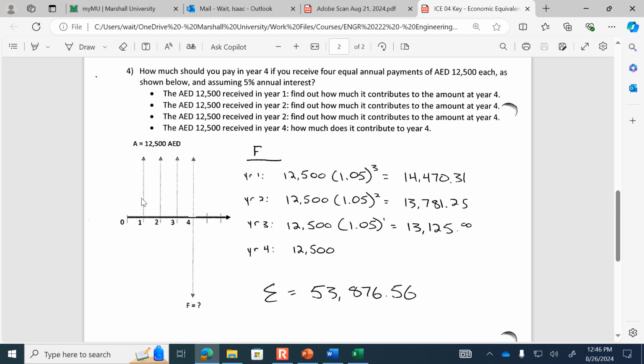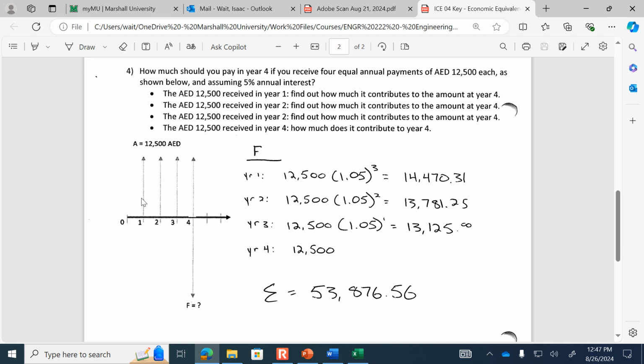So this amount that's at year 1 is equivalent to $14,470.31 if it's compounded 3 years into the future. The $12,500 that's in year 2, it is moving 2 years into the future to get to year 4. So same formula, future value is equal to present value multiplied by (1 plus i) to the power of n. So the $12,500 in year 2 only contributes $13,781.